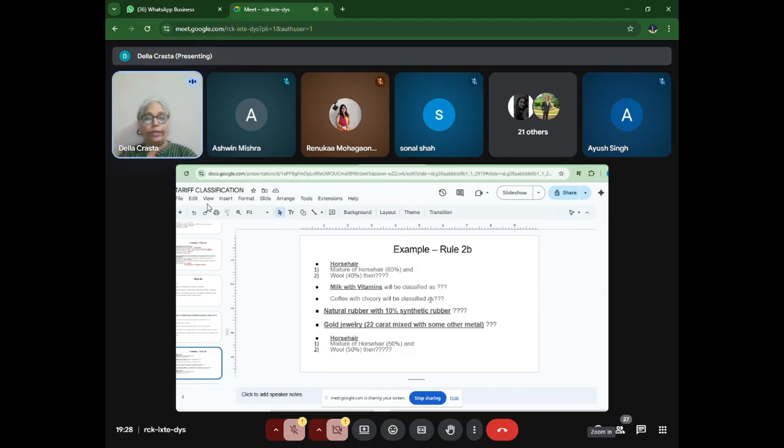So Rule 2b, first and foremost, what is the form of the goods? They are in mixture and combination form. Point number one. Second is, when they are mixtures, you should be in a position to establish the portion or proportion of the ingredients which are mixed, how much weightage, portion or percentage each of them holds.